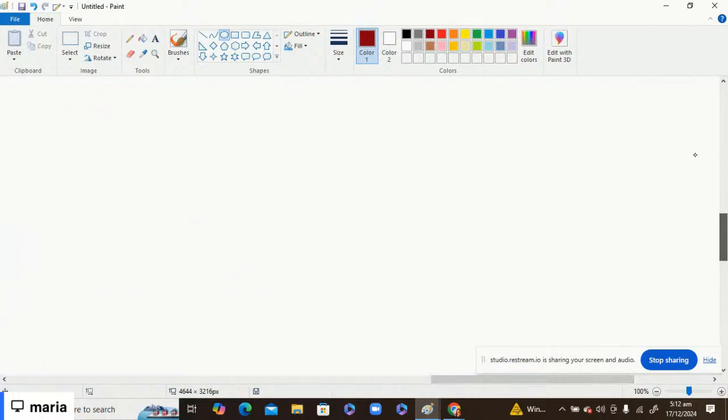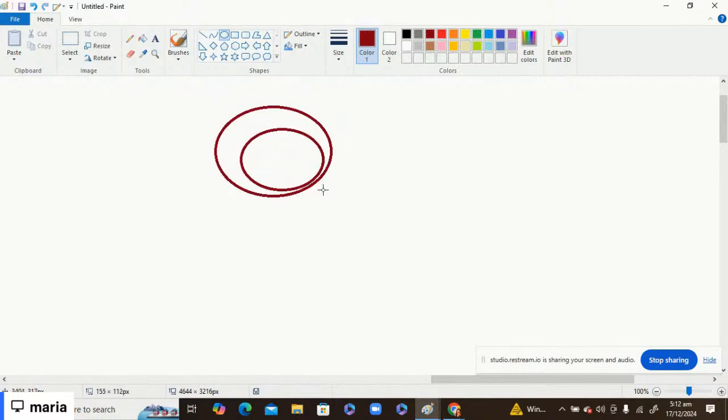Let me just write it again. For example, it's in the shape of this way. This is a circle. Then this is another circle. Then this is another circle, and this is another circle.